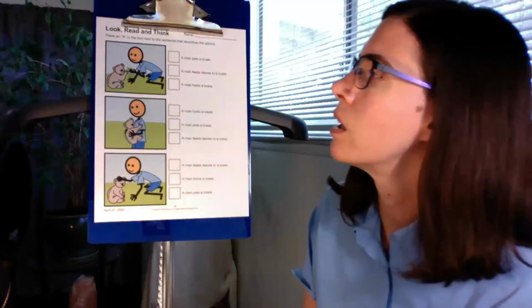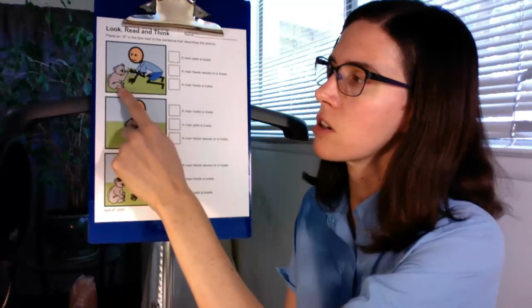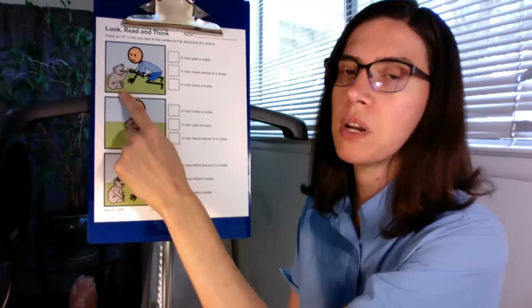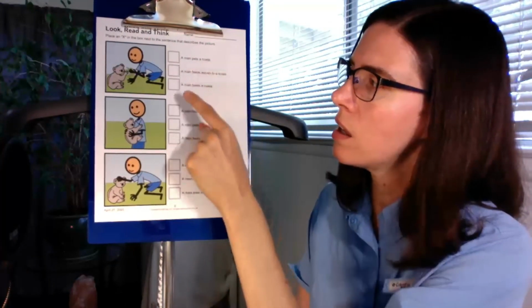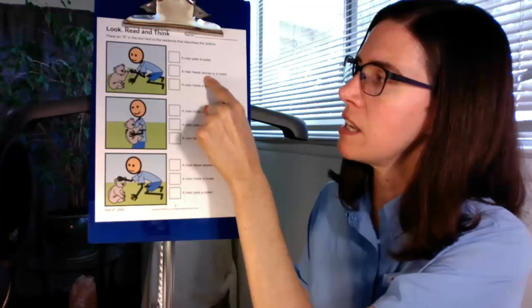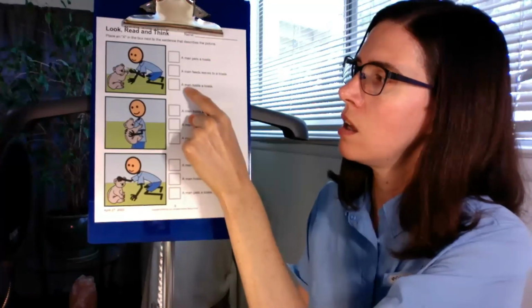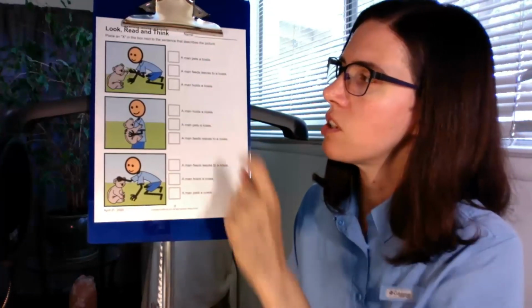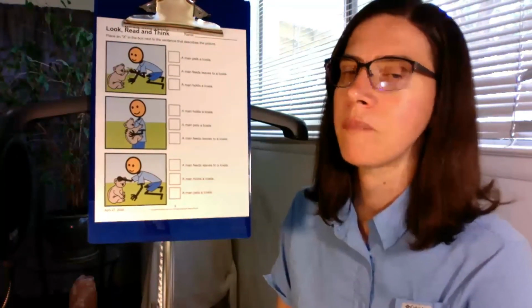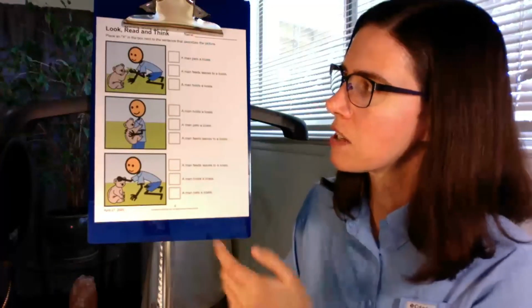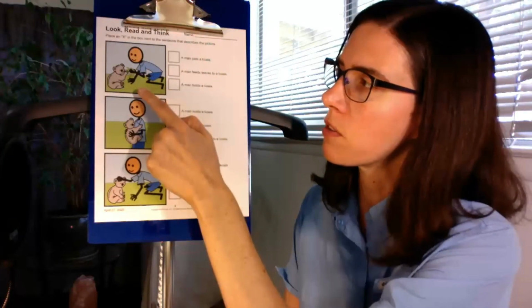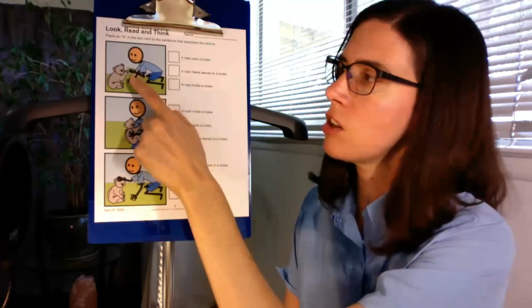So here's our choices. Look at this picture. What's going on? A man pets a koala. A man feeds leaves to a koala. Or a man holds a koala? Okay. First one, a man pets a koala. Now, you might think that at first glance because he's leaning over, right? But let's look closely.